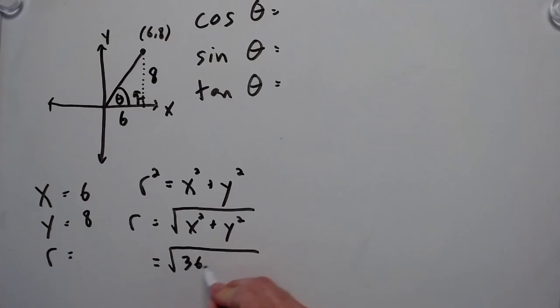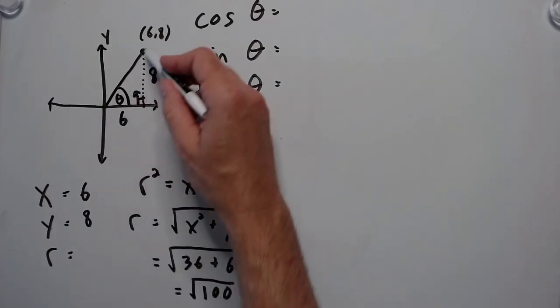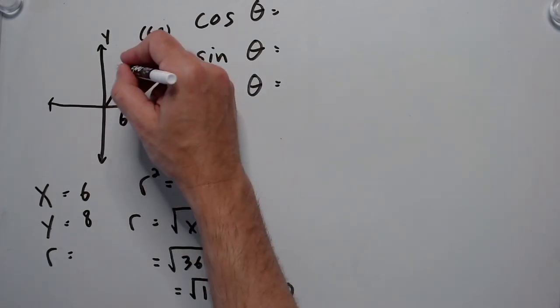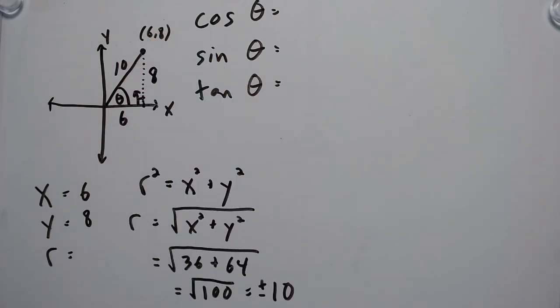Well, that's 36 plus y squared. 8 squared is 64. The square root of that, it'd be the square root of 100. Well, that's a nice easy number. Well, it's a square root that actually equals plus or minus 10, because negative 10 squared is 100. But we're talking about lengths and distances here. So the distance being negative doesn't make a whole lot of sense. But we know this would be 10. So that's 10. This is 10.